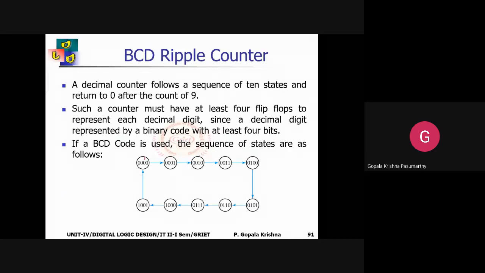Now let us look at the third flip flop, how it is changing. So this is my third flip flop: 0, 0, 0, 1, 1, 1, 1, 0. How do you understand this third flip flop? Very simple.